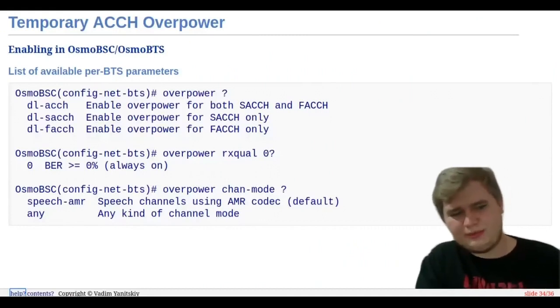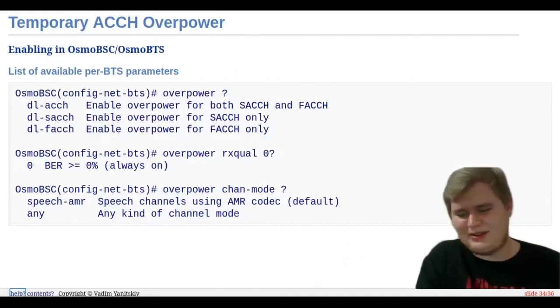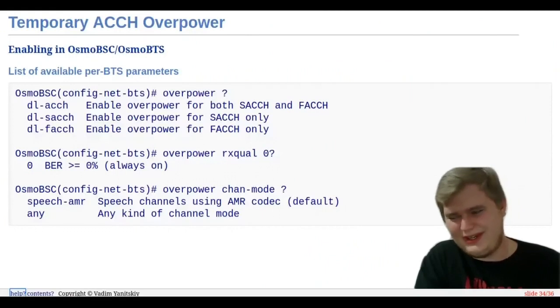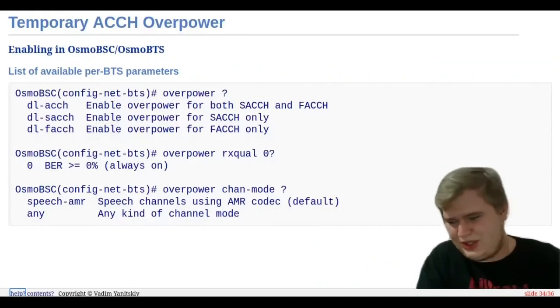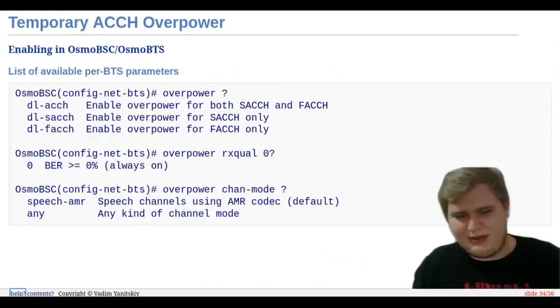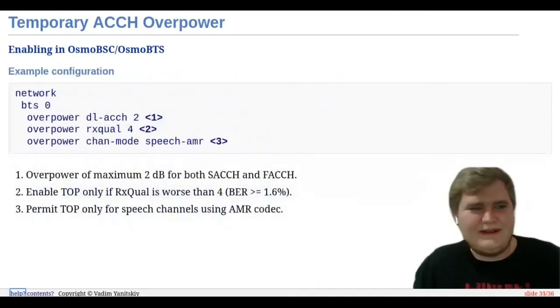As far as I remember, no. So when the quality reaches this threshold value, then the overpower is automatically enabled by the BTS. And when it's back to normal, the BTS automatically disables overpower. You can also specify for which channels the BTS can employ overpower. By default, it's only for AMR channels, but it can also be enabled for any other.